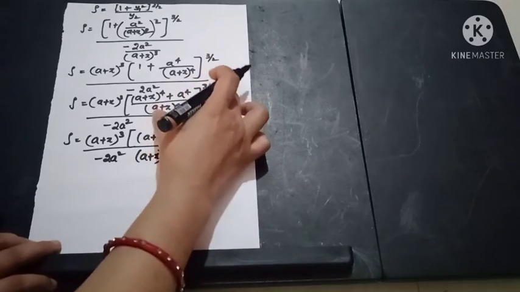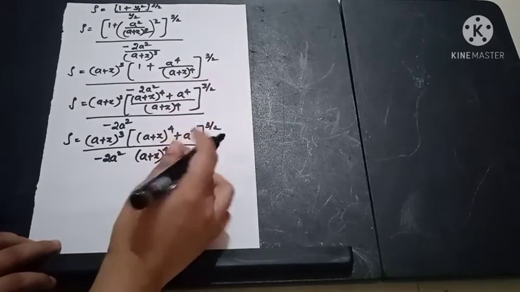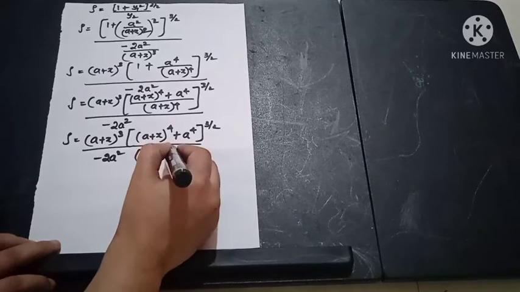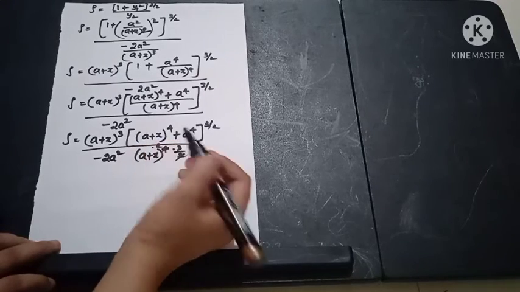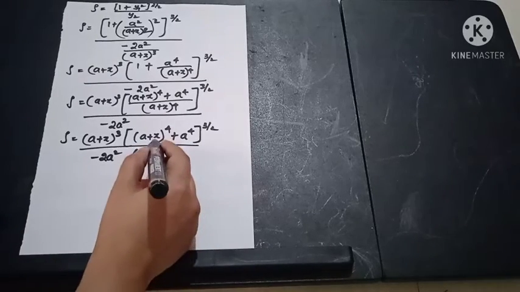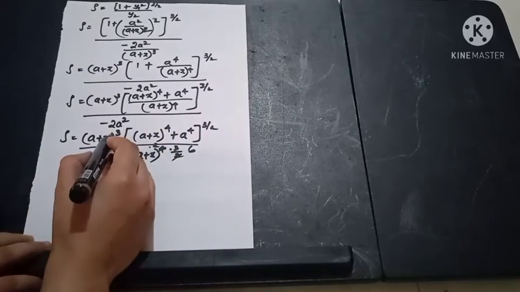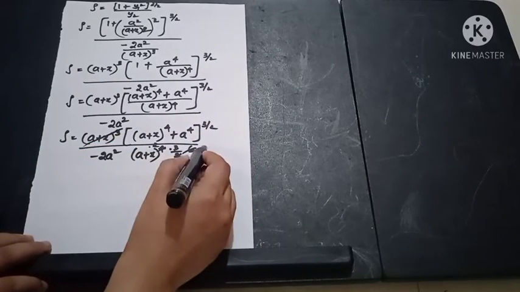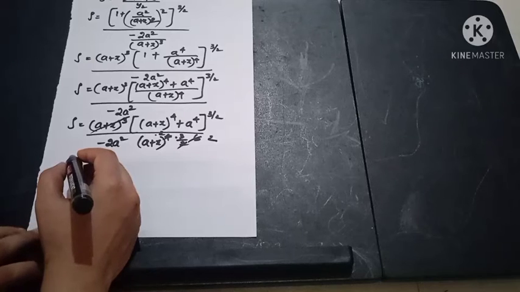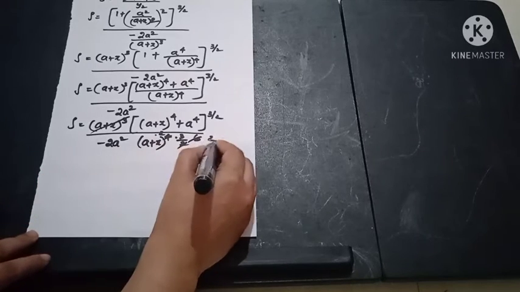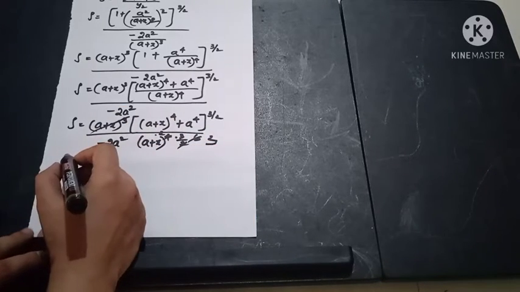This one we will take to the numerator, so 2 ones are 2, 2 twos are 3, 2 threes are 6, so that a plus x whole to the power of 6 cancels with the numerator 3 times.